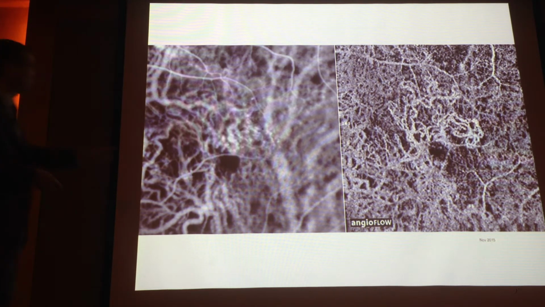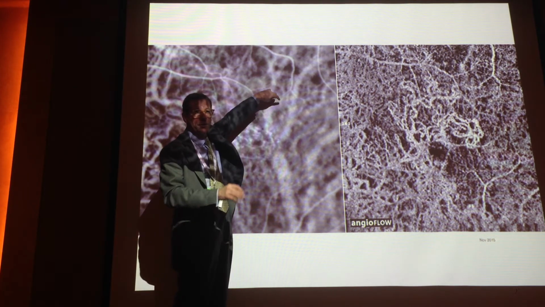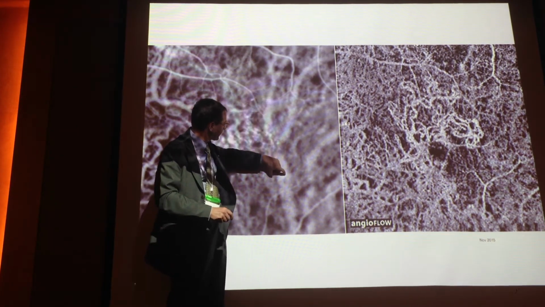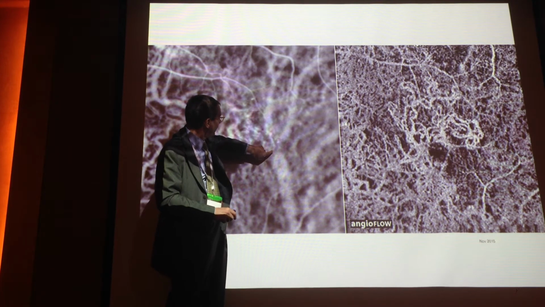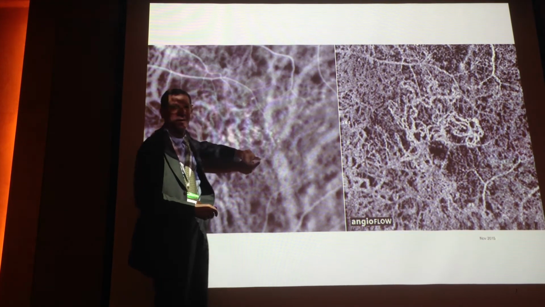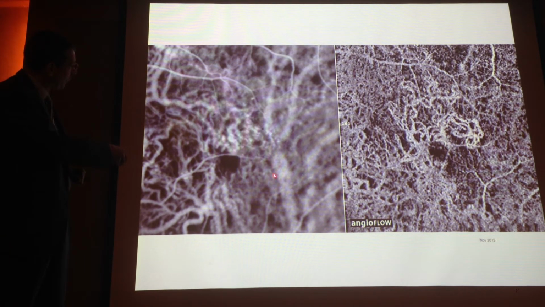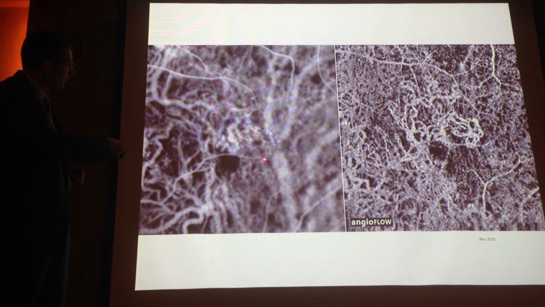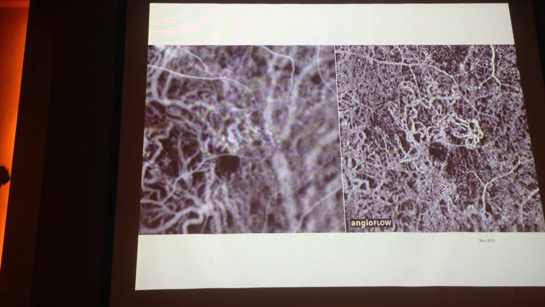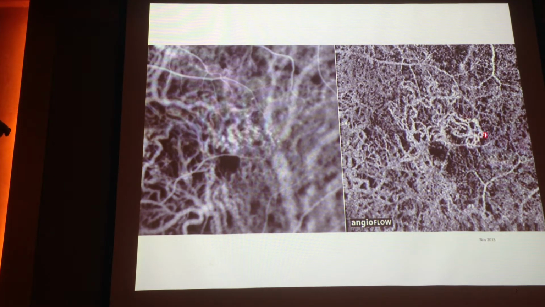You look at the normal choroidal vessels, and you see here there is a masking. The entire choroidal vessel, all of a sudden, is masked by something. And that is this part of the lesion.